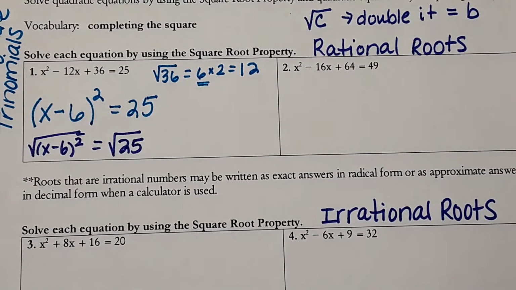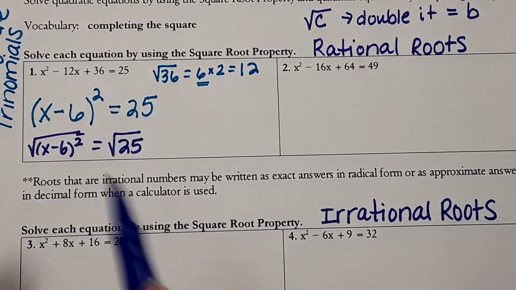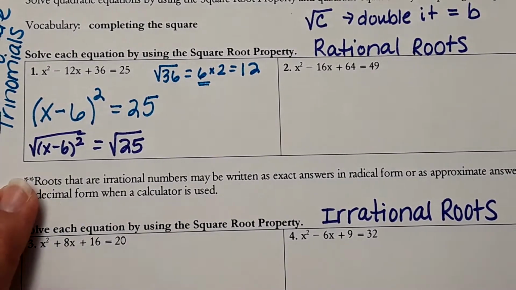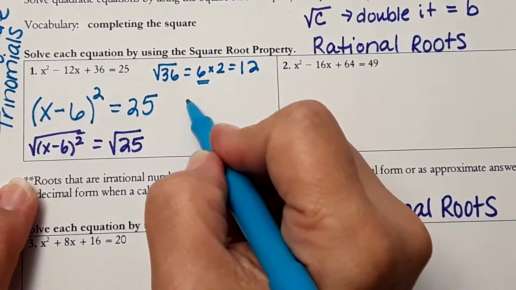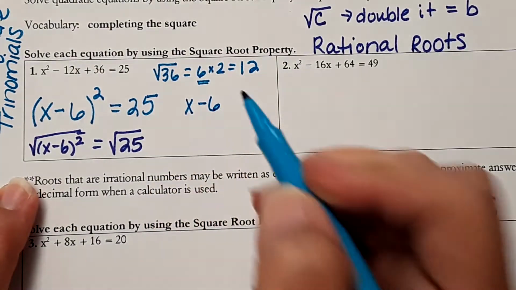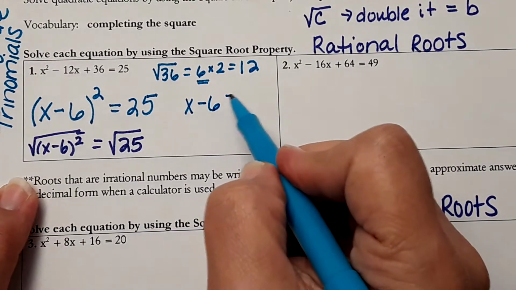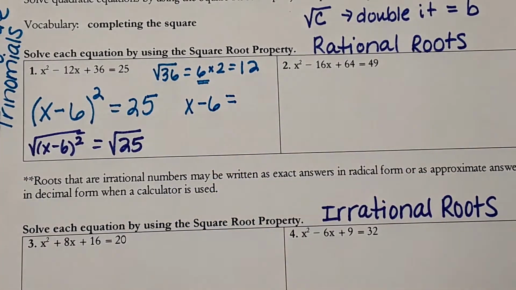The square root property means take the square root of both sides. So the square root of x minus 6 squared is x minus 6. And the square root of 25? Well, what is the square root of 25? 5.